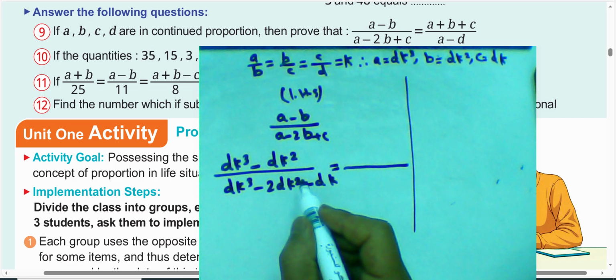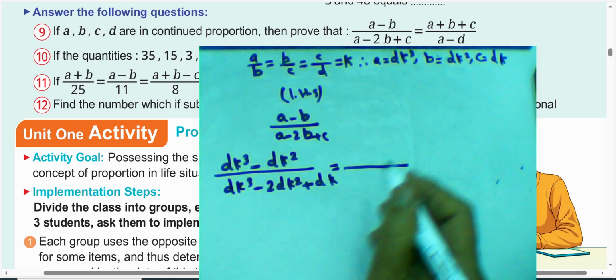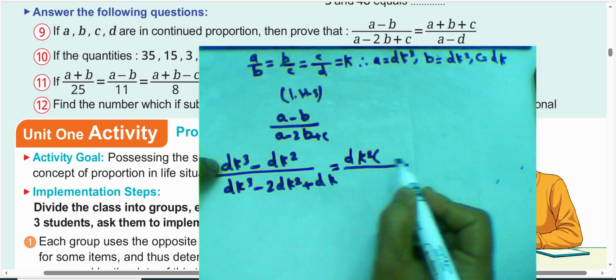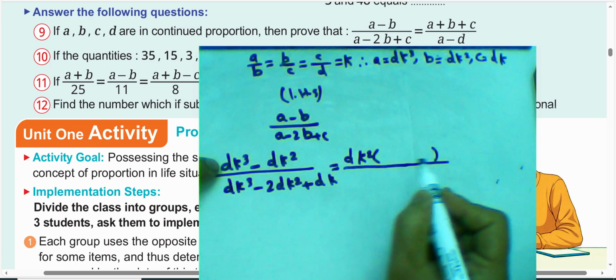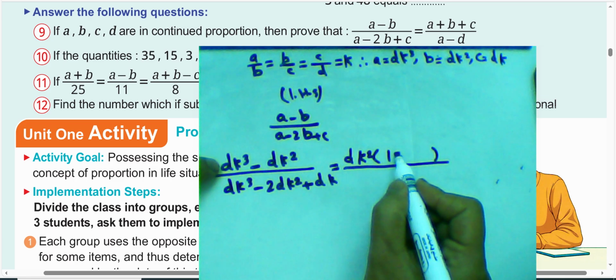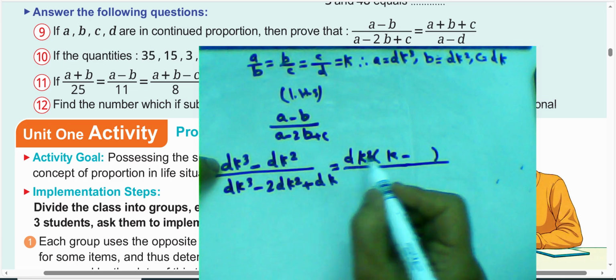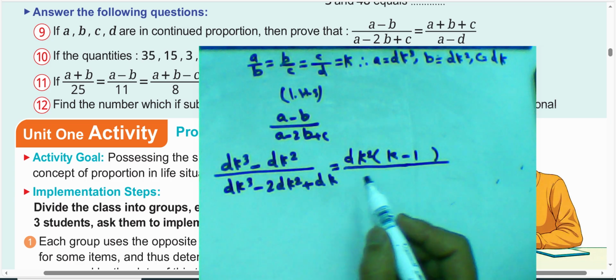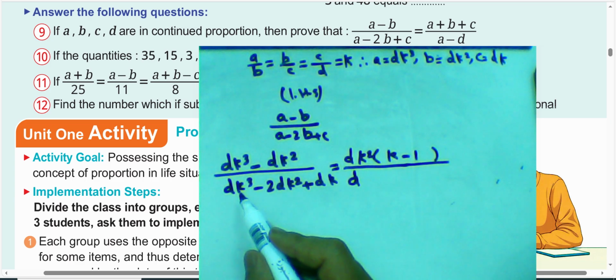Complete with me, write the common factor here. d was repeating and k power 2. dk power 3 divided k power 2 equal k. dk power 2 divided itself, it will be 1. And down we can write also d was repeating and k is a small term here, k.